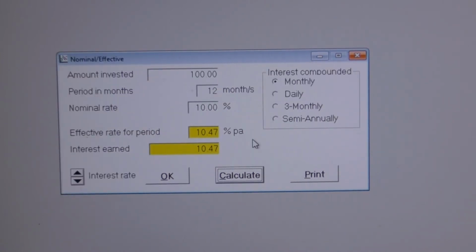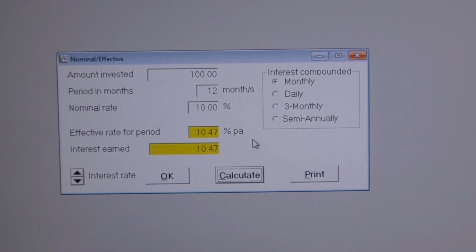The second calculator converts a nominal rate to an effective rate. The rate can be compounded over different periods. If we enter 100 Rand at 10% compounded monthly for 12 months, we can see the effective rate is 10.4%. This means that every month 1/12 of 10%, or 0.83%, is used as interest.